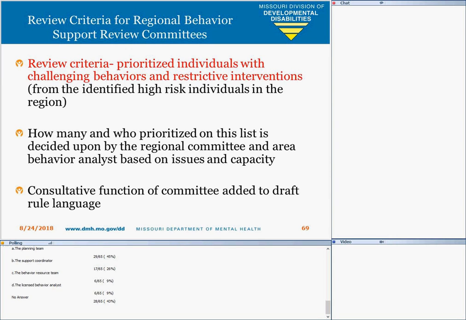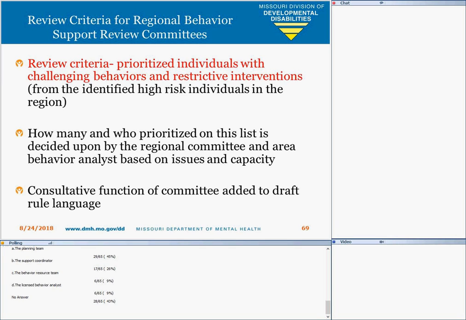If we have a situation where medical expertise is required, we can have an ad hoc committee member who is a medical expert participate in that discussion. And always the individual's support team is invited and requested to attend the meeting in which plans are discussed, and so they become members of that review committee during that discussion.